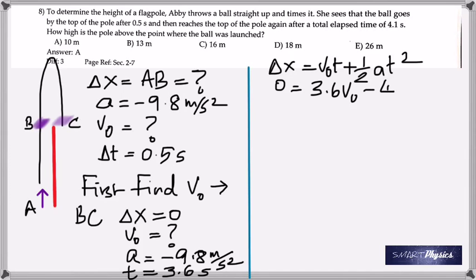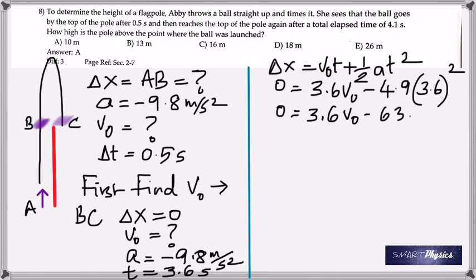Substitute the values that you know. Again, 1/2 times negative 9.8 is negative 4.9, so that's why you have that. You get 63.5 when you do all this part. Rearrange and calculate. Actually, it's going to be 63.5 divided by 3.6. That's how you get 17.64 meter per second.